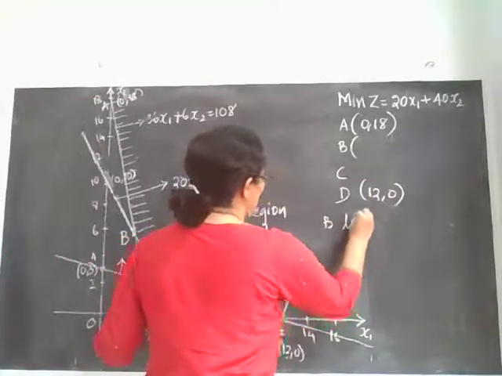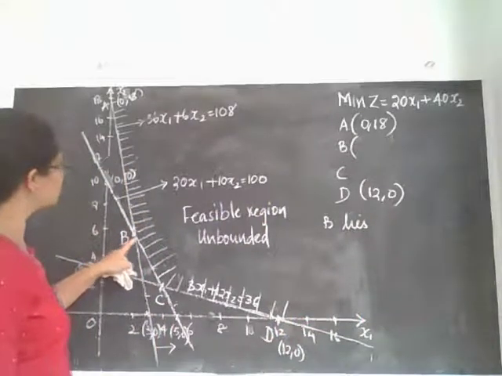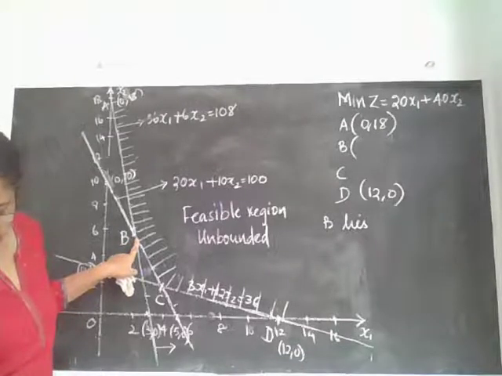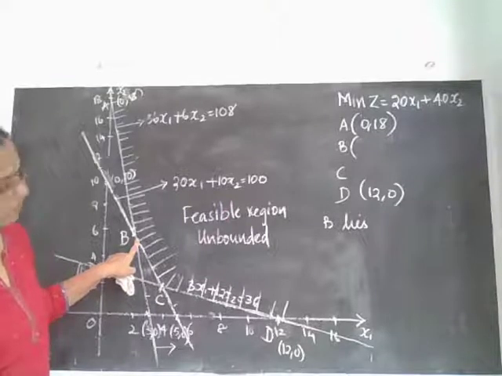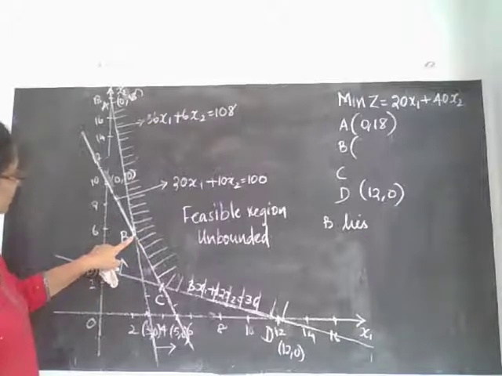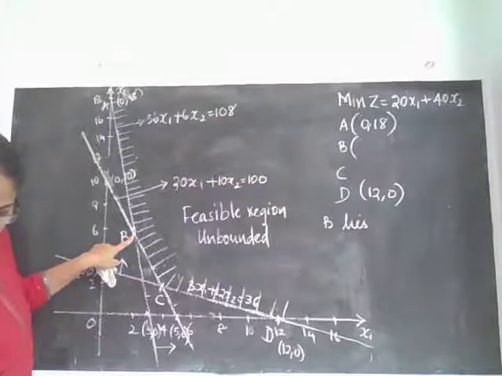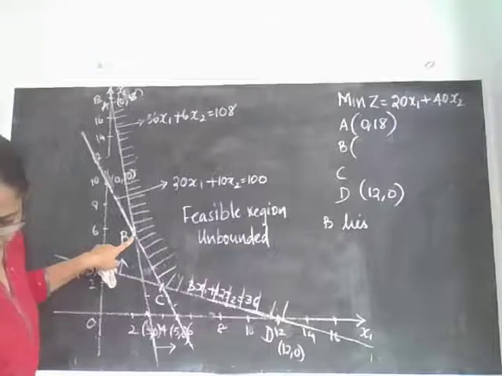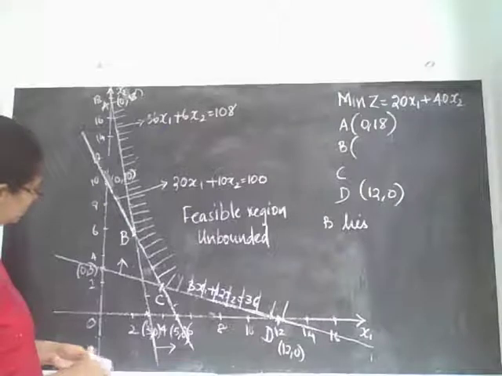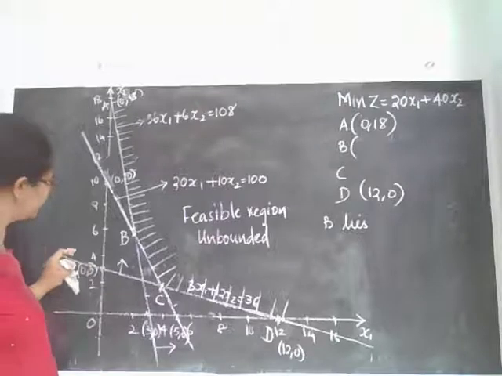B lies on these 2 lines, that is 20x1 plus 10x2. I have made a slight mistake here.